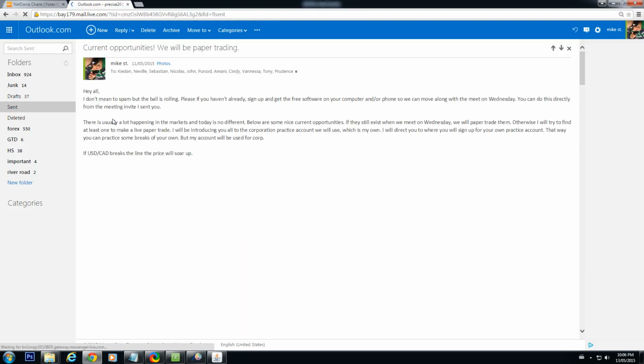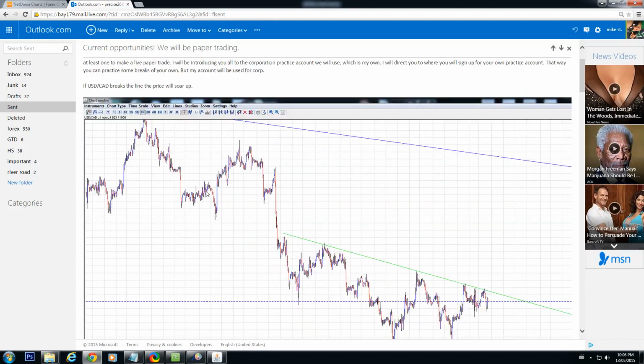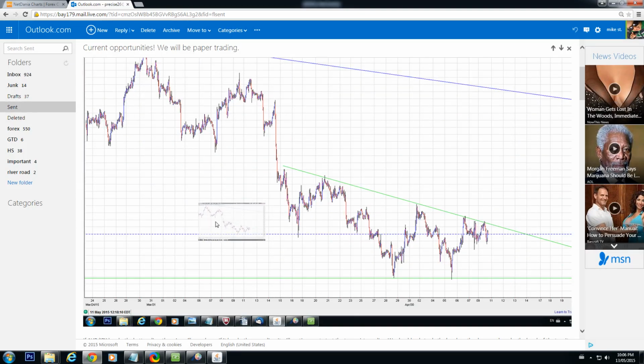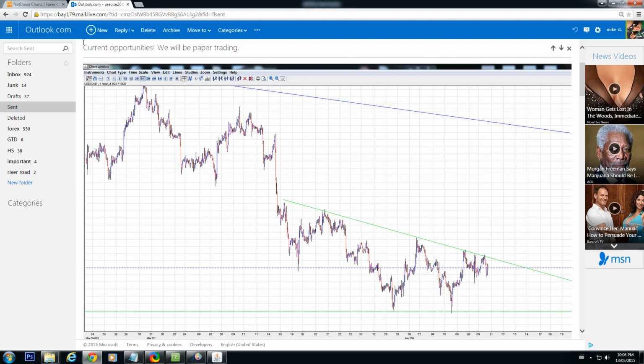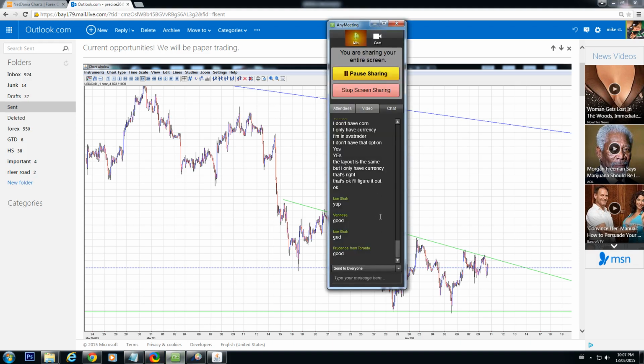Let's look at those. Okay, that was a good opportunity right there. Does everybody understand what's going on here? Why I made lines here? Why I made lines here? And why you can't see it from here, but why would there be a line there? If you don't understand this, tell me right now. Say no.